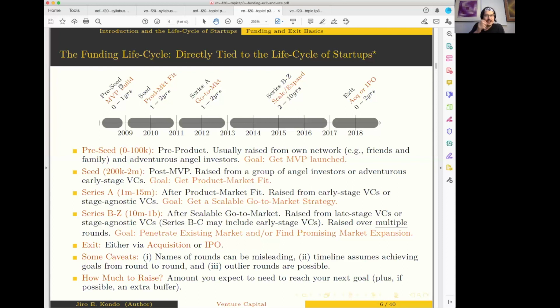So you always ask yourself, in order to make this progress, in this case a pre-seed, success is I developed an MVP and the MVP looks good enough. It's not a piece of shit, right? And so you ask, how much do I think I need to get to that? And you generally raise that plus a margin.